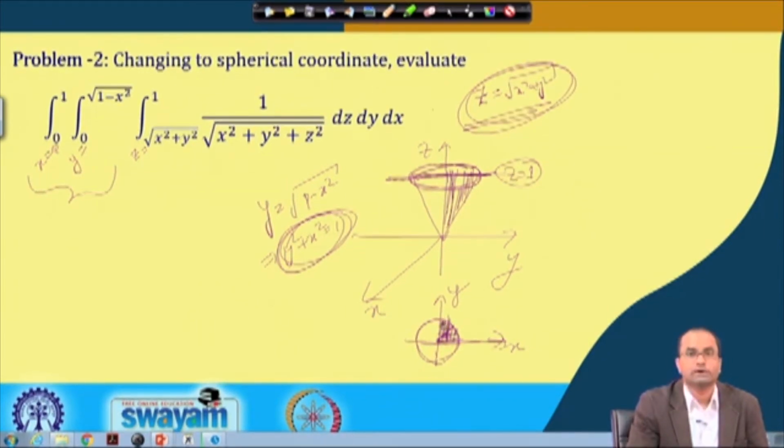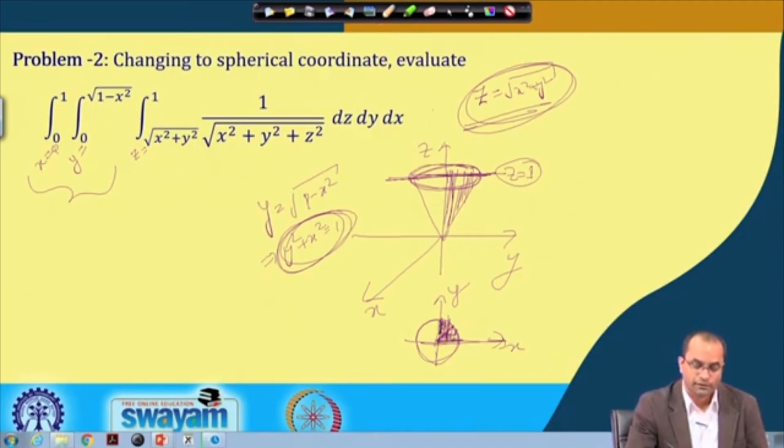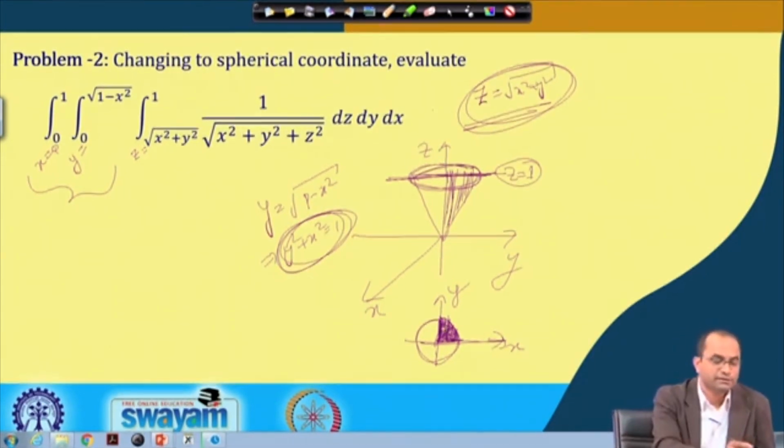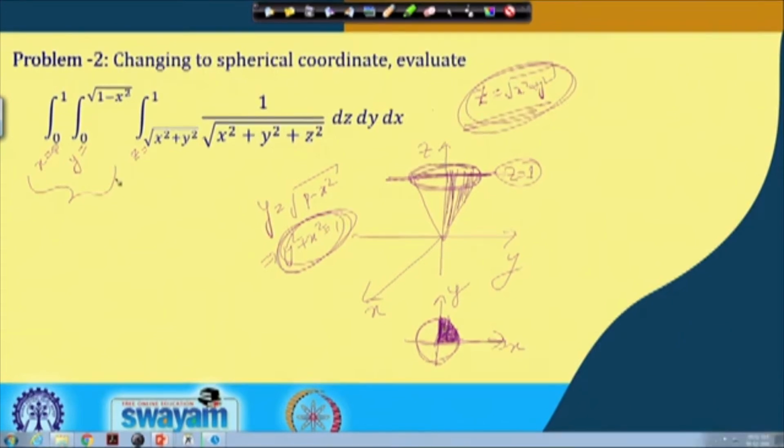So, that is one quarter of the circle in the positive quadrant, and then in the direction of z we go up to z is equal to 1, from the cone. So, only this portion of the circle and the corresponding cone is represented by these limits.